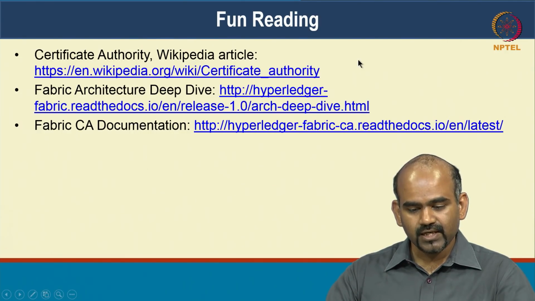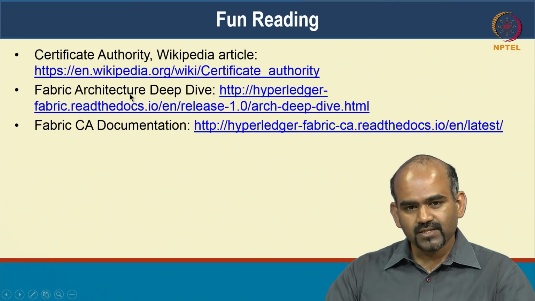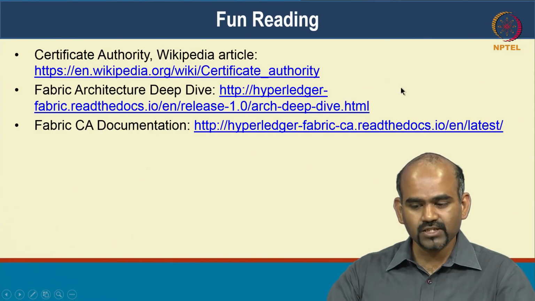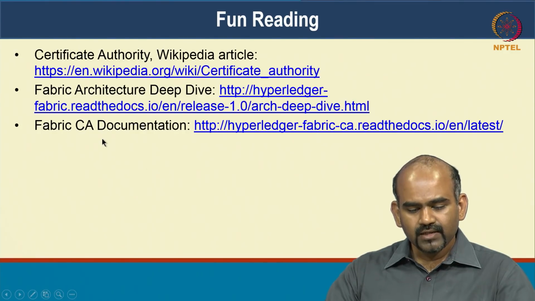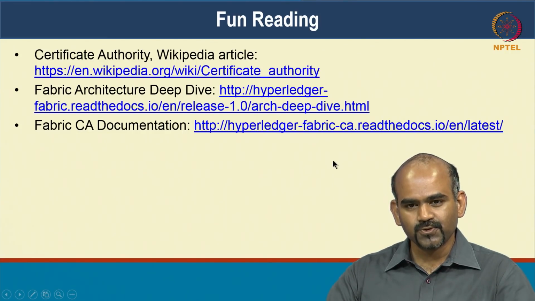The architecture of Fabric itself, a detailed note of that is available online. There's an architecture deep dive page, so you can go read up in detail about the Fabric architecture. And the Fabric CA itself, how it's architected and some of the functionalities it provides is also available in the documentation. So I would encourage you all to read that as well.